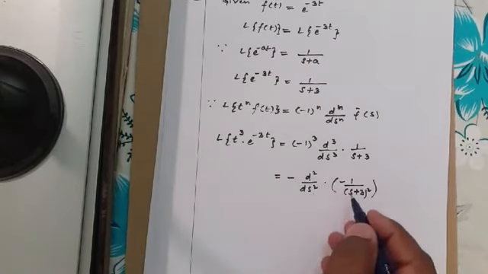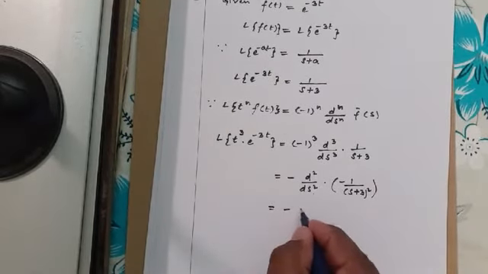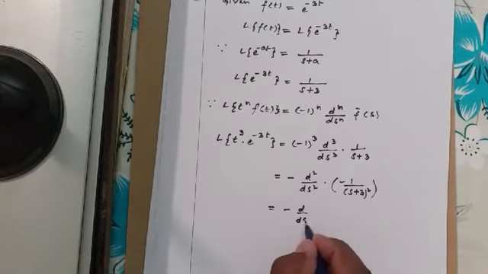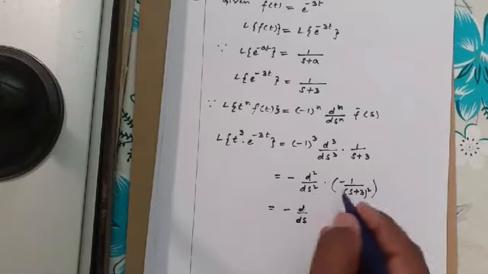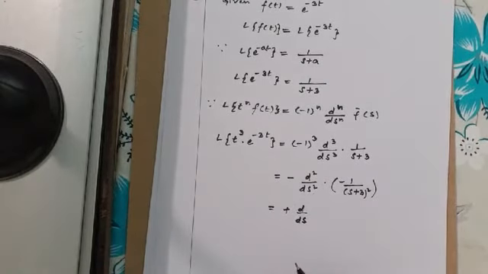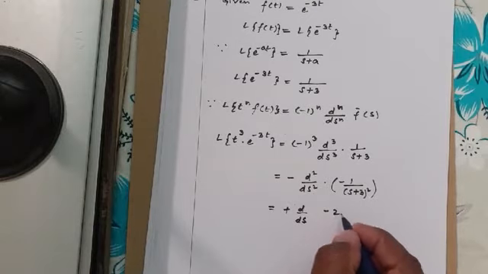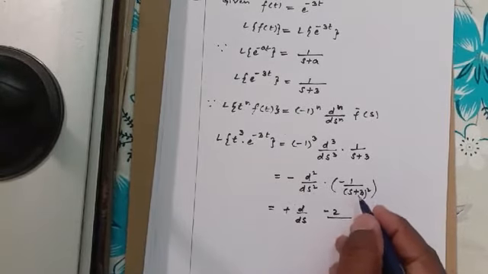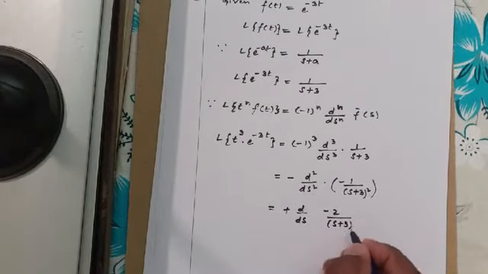I am differentiating once, you got this. Again when you differentiate, we are differentiating again for this term. So minus of minus becomes plus, and when you differentiate 1 upon s plus 3 whole square, you get minus 2 upon s plus 3 whole cube.